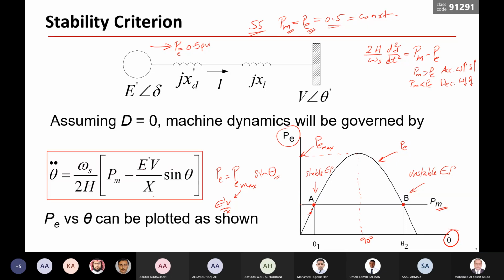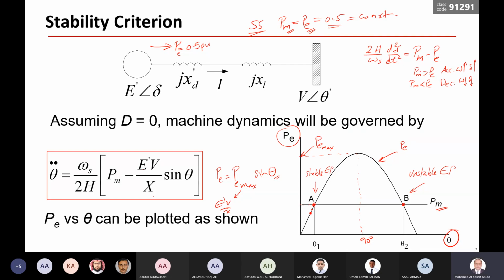Right? That means if we reduce the load, the machine is operating here. We reduce the load, so the load becomes here. P electrical is lower than the value at point A. So in this case, P mechanical is higher than P electrical.